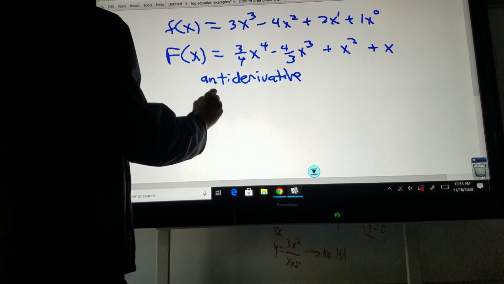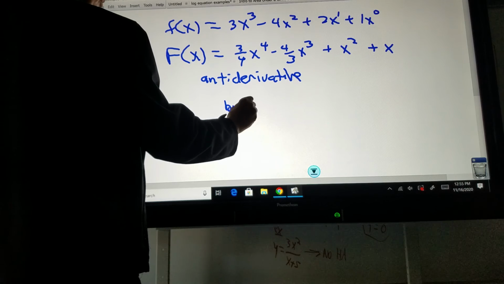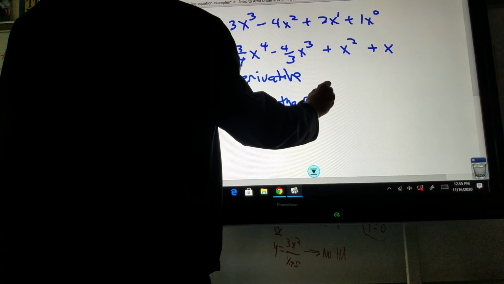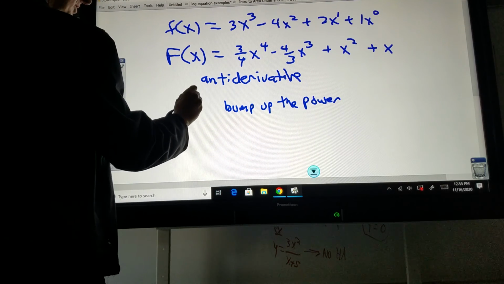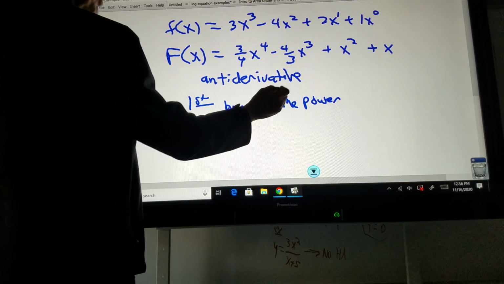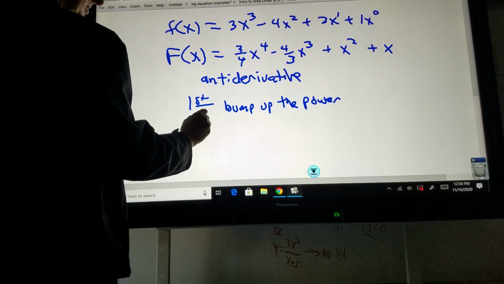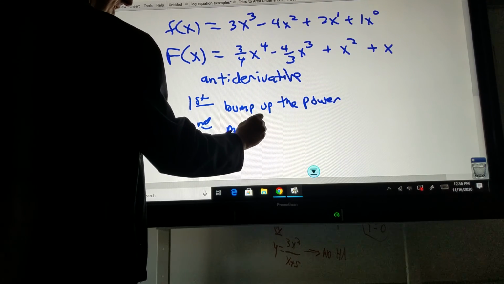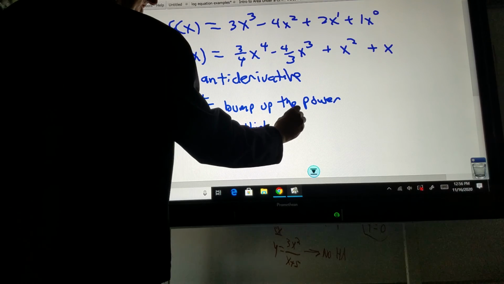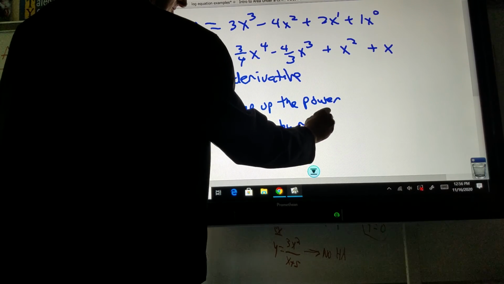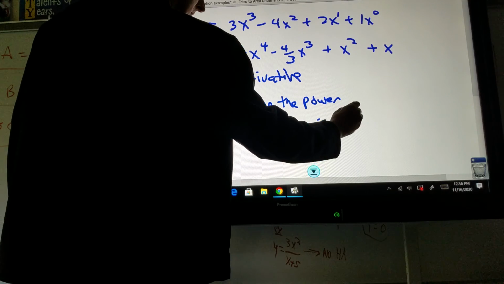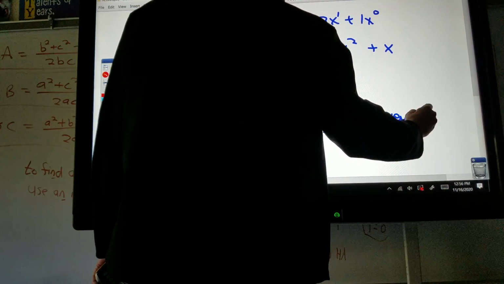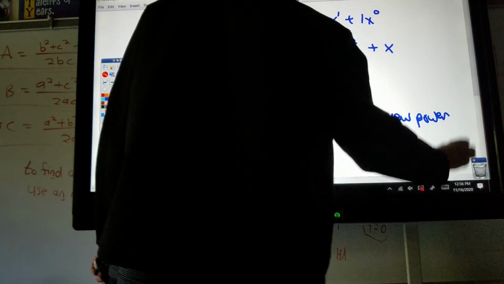So again, to find an antiderivative, the first thing you do is bump up the power, and the second, multiply by, don't divide because then it gets very complicated, multiply by the reciprocal of the new power.